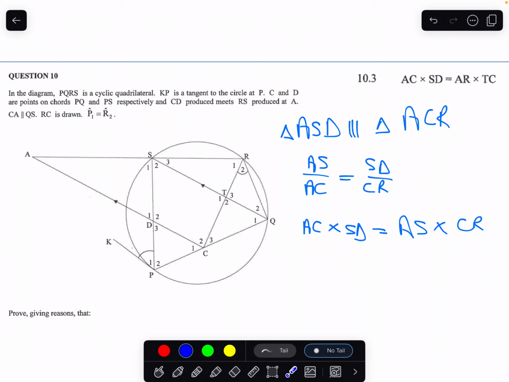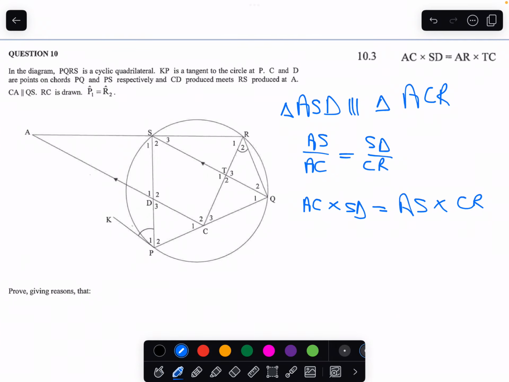Then from the other triangle, because now this AR and TC, it would be nice if they had used an RT or something, because then we'd get that from the other triangle. But anyway, let's just persist.